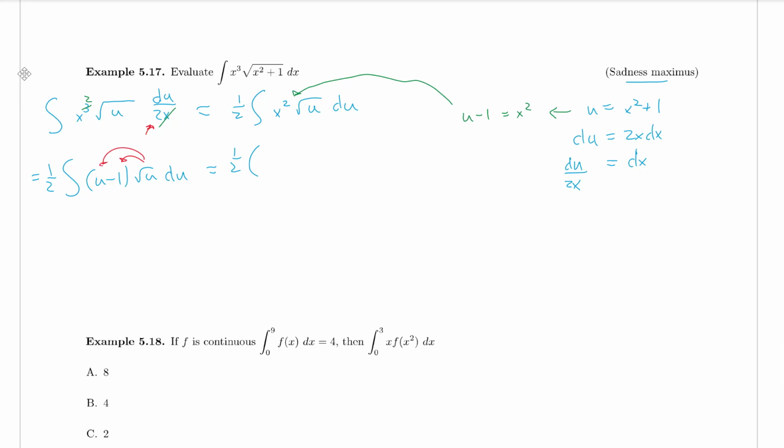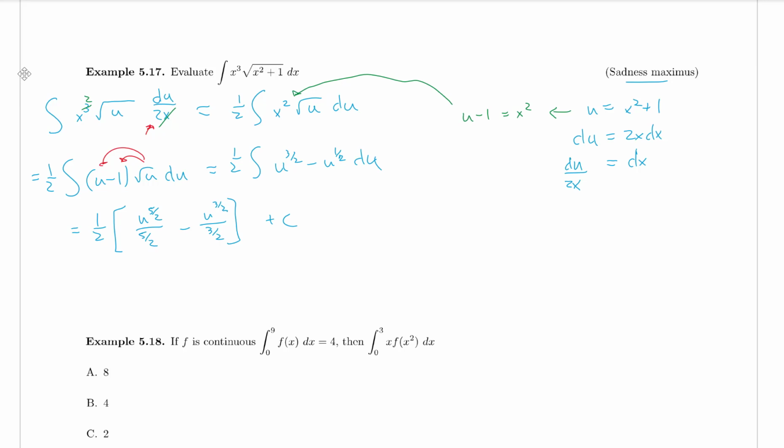And when we do that, we get 1/2 times the integral of u to the 3/2 minus u to the 1/2 du. And that is something that we can find the antiderivative of. So you get 1/2 times u to the 5/2 over 5/2 minus u to the 3/2 over 3/2 plus c.